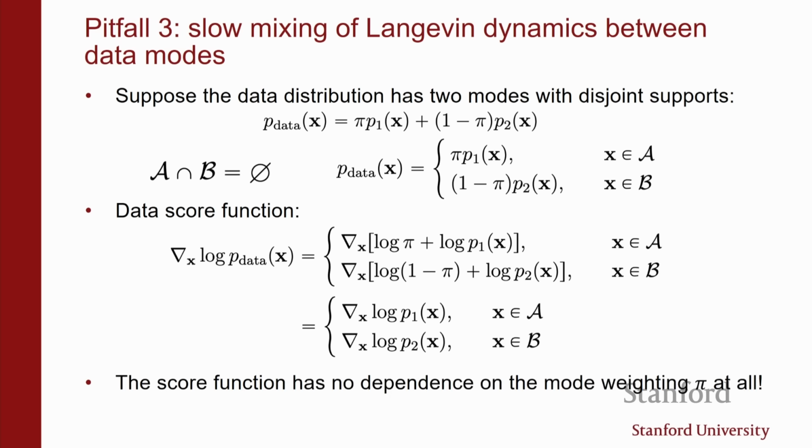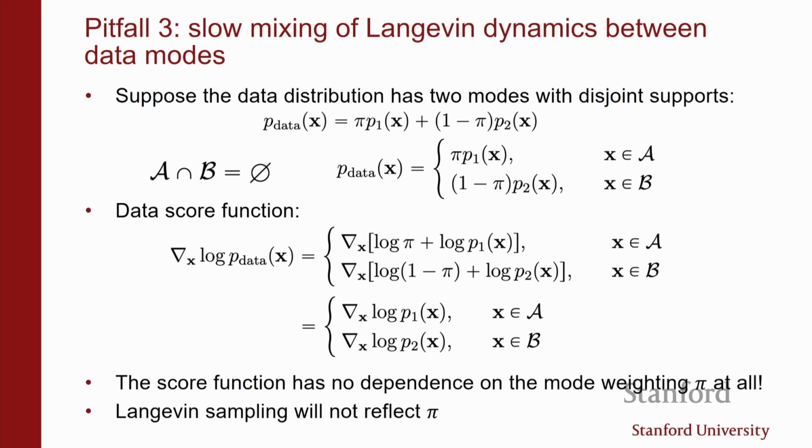And that's the problem here: the score function does not depend on the weighting coefficient at all. So if you were to sample just using the score function, you would not be able to recover the relative probability that you assign to the first mode versus the second mode. This is an extreme case of Langevin not even mixing, basically.